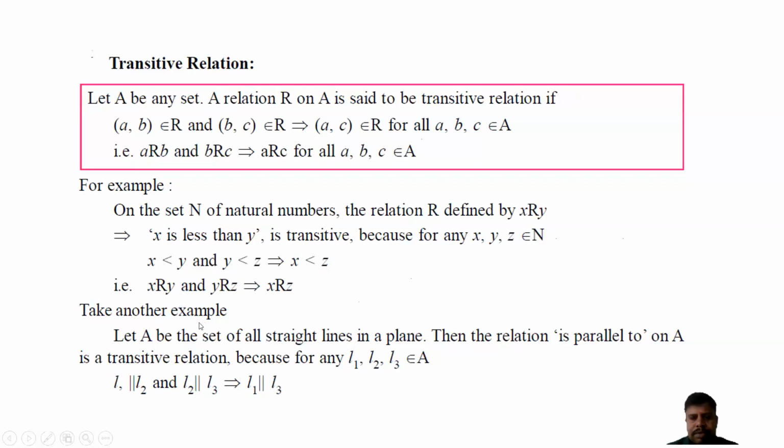Next, take another example. Let A be the set of all straight lines in a plane. Then the relation "is parallel to" on A is a transitive relation, because for any lines L1, L2, L3 belonging to A, if L1 is parallel to L2 and L2 is parallel to L3, then L1 will be parallel to L3.